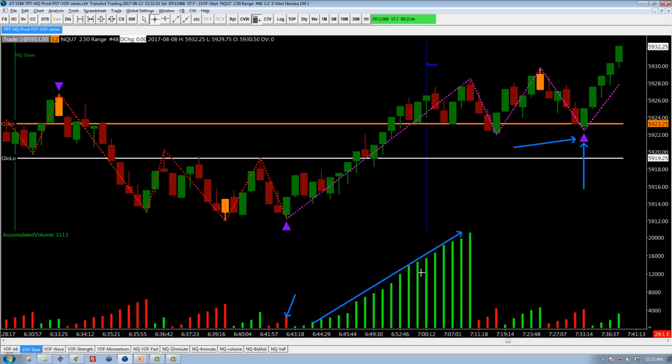Instead, what we see is not a lot of sellers in the next wave. We see a respectable up wave. This one here is somewhat of an outlier just because it's so strong. The up wave here has more volume than this down wave. The next down wave has less volume than the first one here.